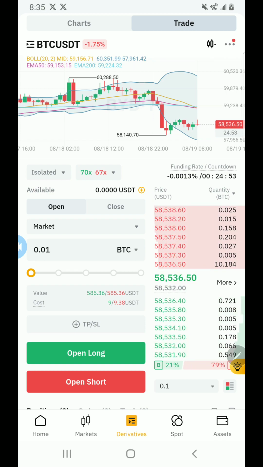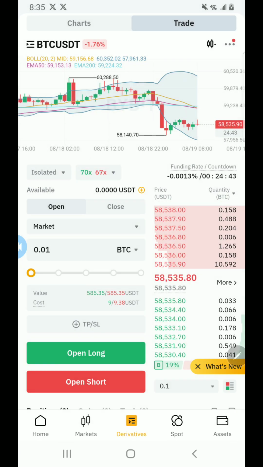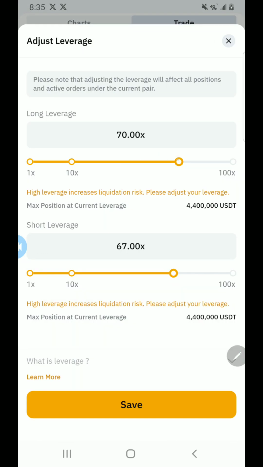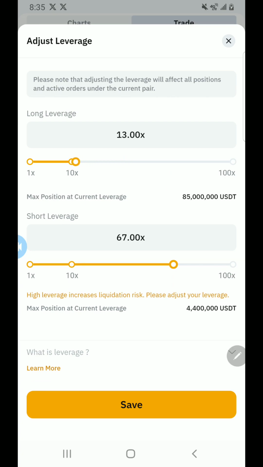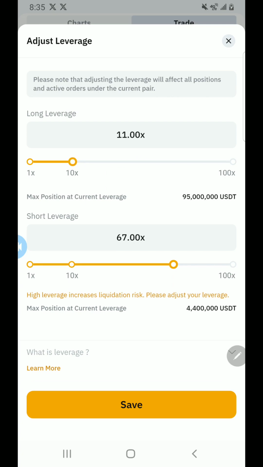Of course, before doing all of this, you have to manage your risk by making sure the right leverage setup is selected, the leverage you're most comfortable with in terms of your risk appetite. These are some of the basics you need to know before delving into trading.